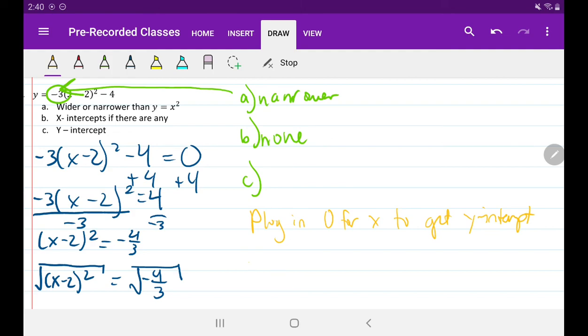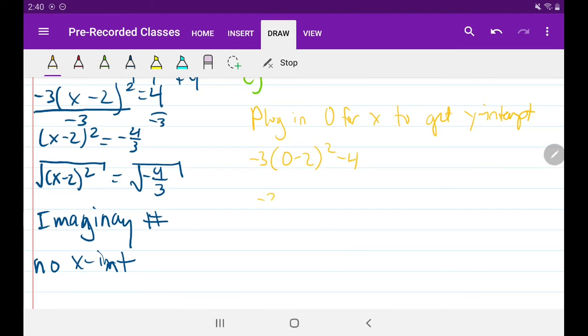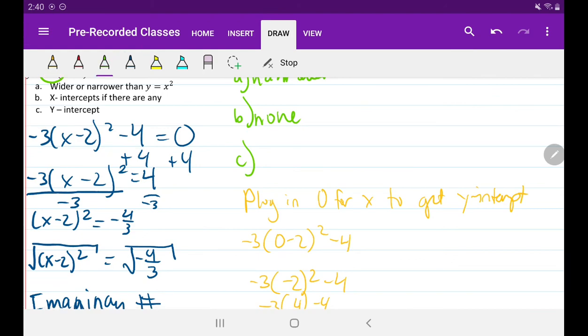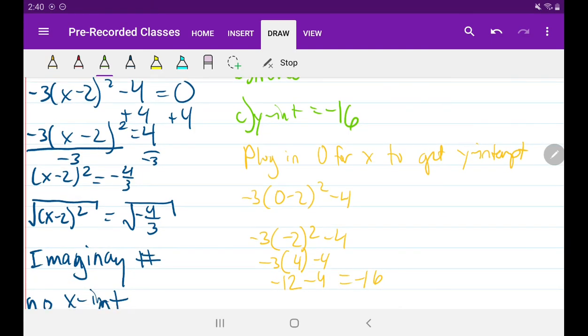So what that looks like, okay, we'll have negative 3 and then negative 2, the whole thing squared, minus 4. So that'll turn into negative 3 times 4 minus 4. So that's going to turn into negative 12 minus 4, which is negative 16. So then our y-intercept is negative 16.